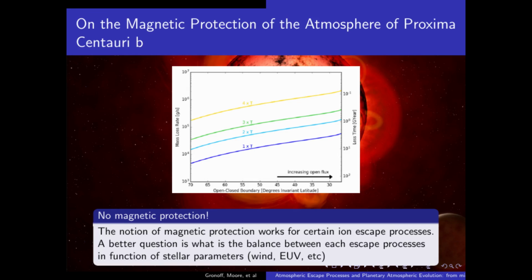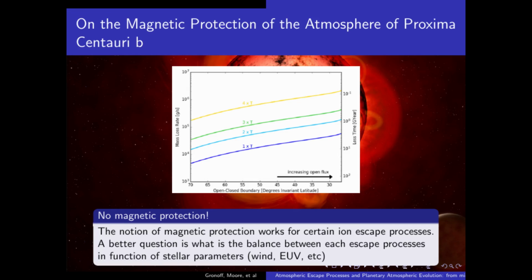Let's look at how long we will lose an ocean's worth of oxygen with the Earth at Proxima Centauri b. In this figure, you are seeing on the right the lost time of an Earth in gigayear.